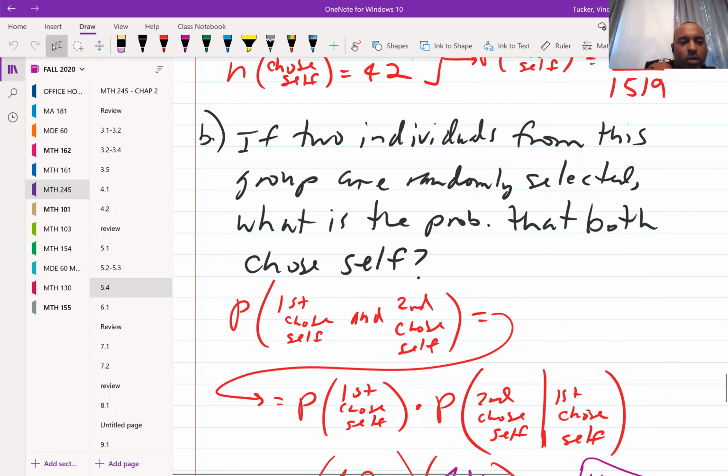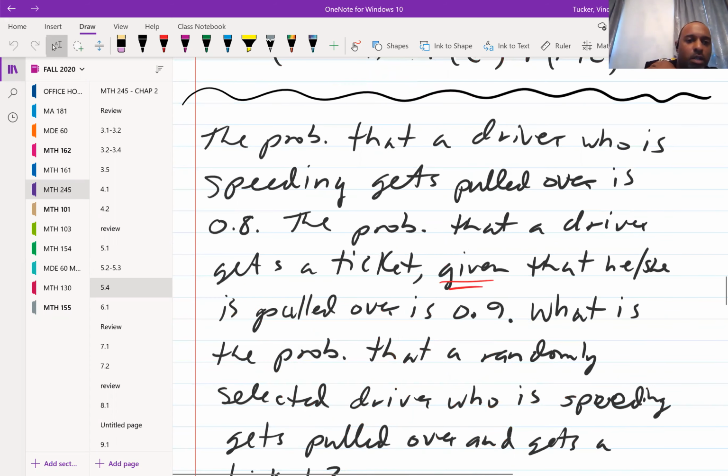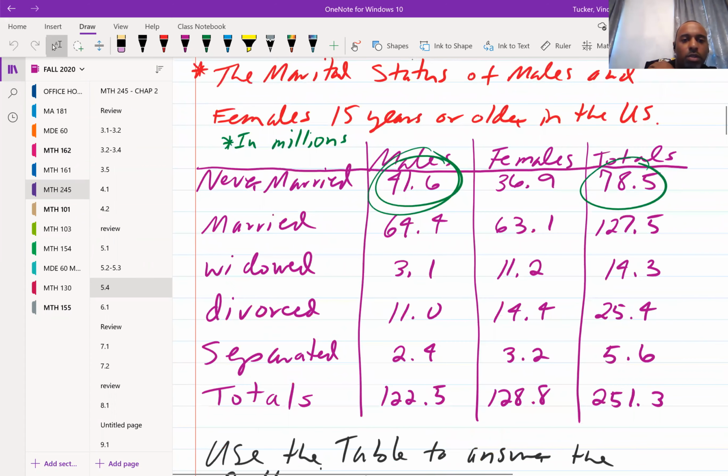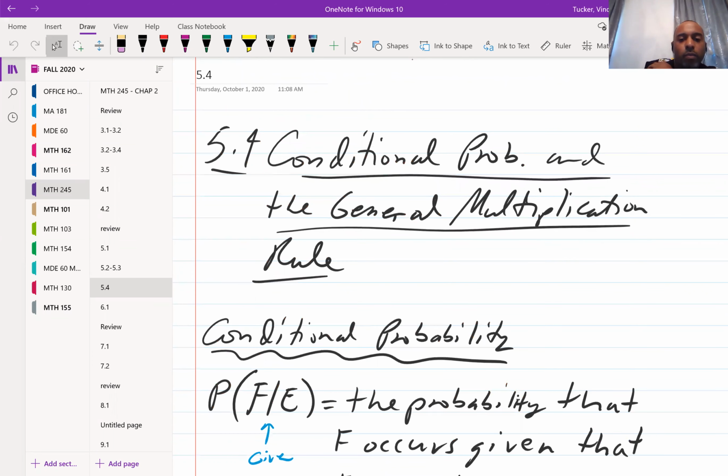I think we'll just go ahead and do 5-4 today, and then next class we'll just start in 6. Okay, so let's go ahead and knock out 5-4 since we have plenty of time. So 5-4 is conditional probability and the general multiplication rule. Now we're looking at the possibility of having dependent events.